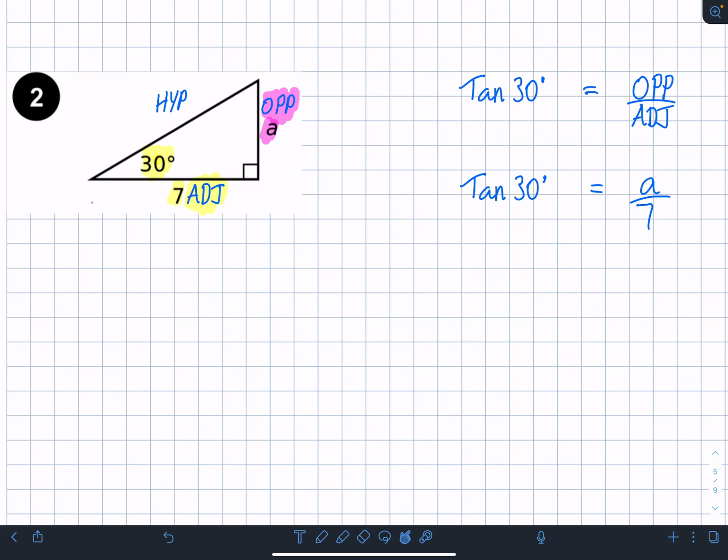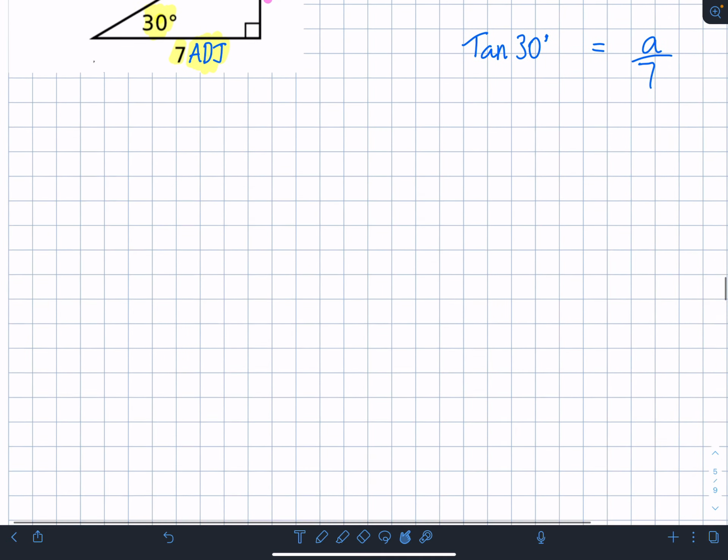So we've got tan 30 equals A over 7. Again, we're midway through solving that question, just getting up to that step. In our next video, we will show how to follow through and solve for A, A being the length of the side. Okay, let's do one more.